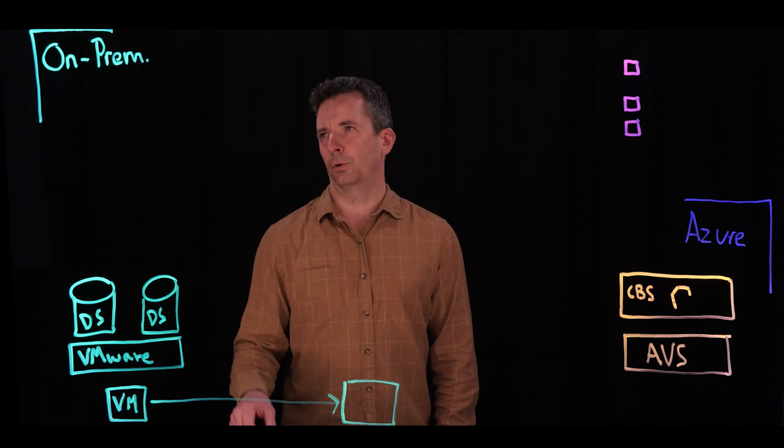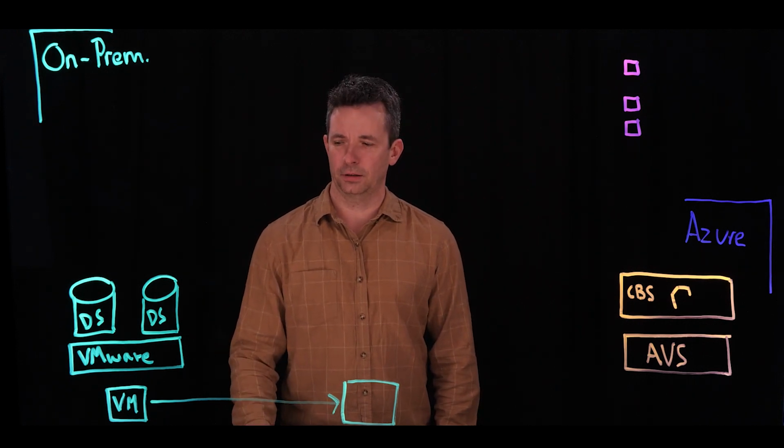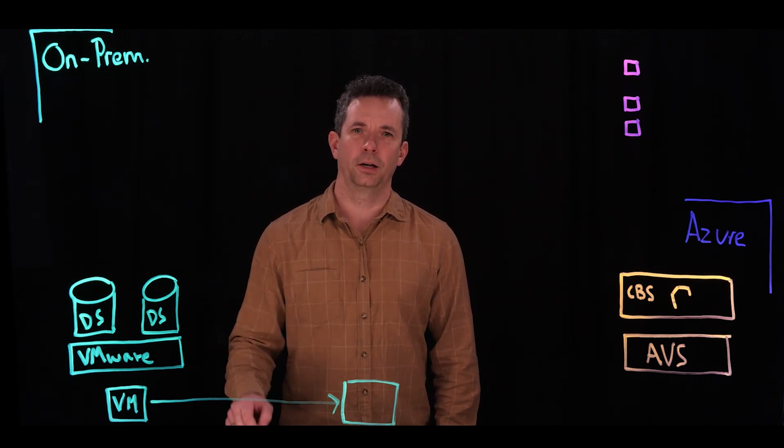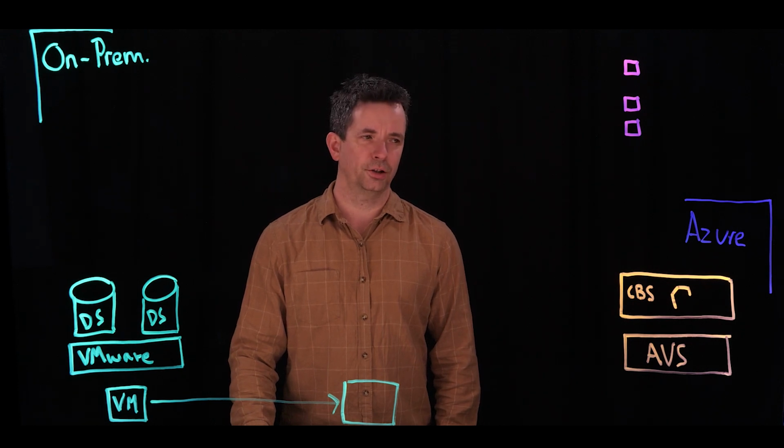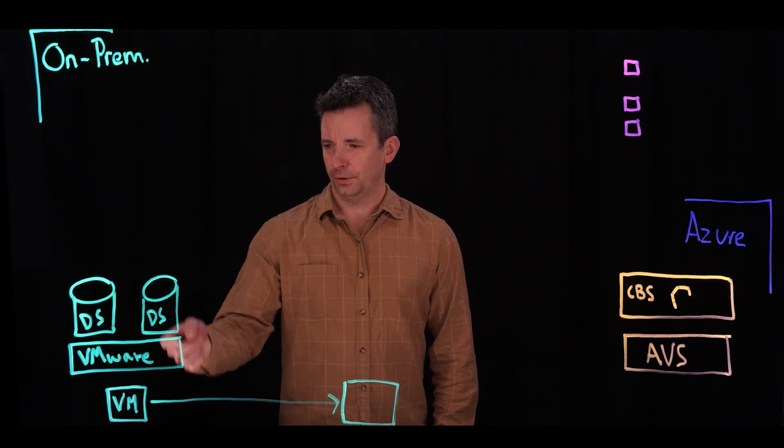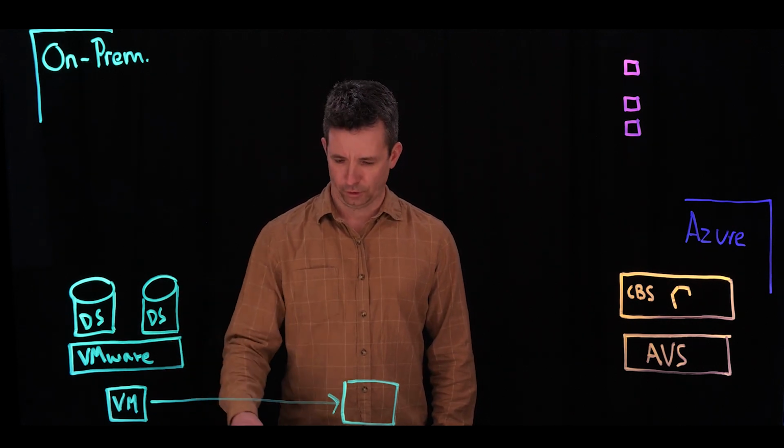So in this example, we're going to say that we've got an on-premises virtual machine. It's running on some other storage or some other data store besides Pure Storage. We want to move that virtual machine to Azure onto Cloud Block Store. So as we can see, we've got a couple data stores, VMware, a virtual machine.